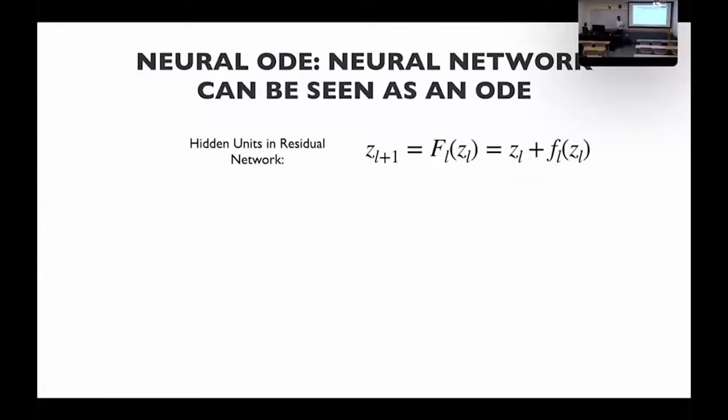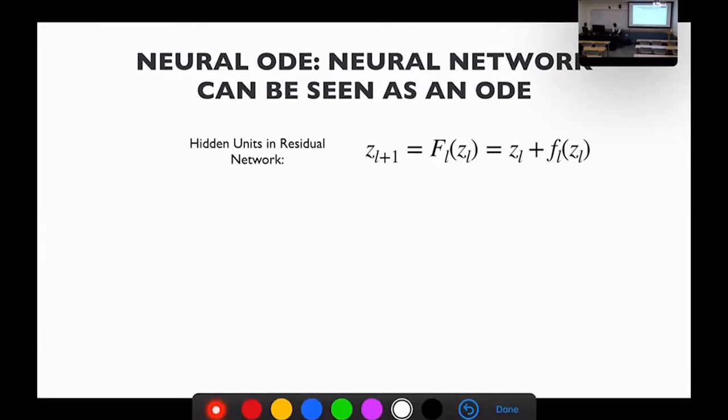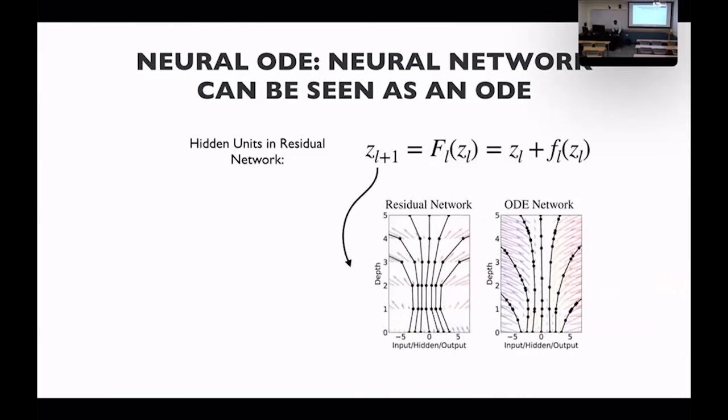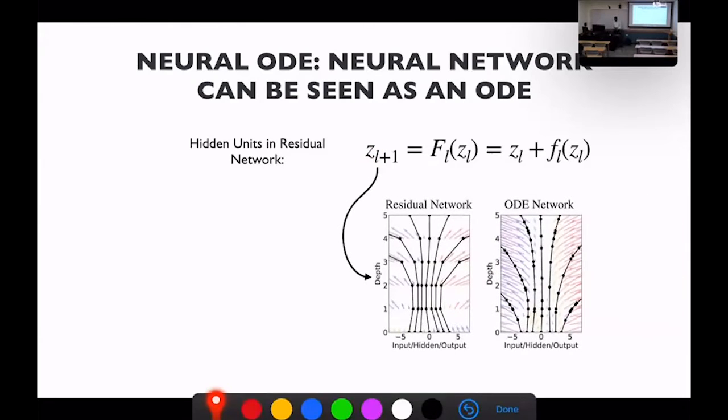Z represents the features, and Z_{L+1} represents the features at layer L+1, and you can see that it is a function f sub L, a function at the Lth layer, applied to the features Z_L.